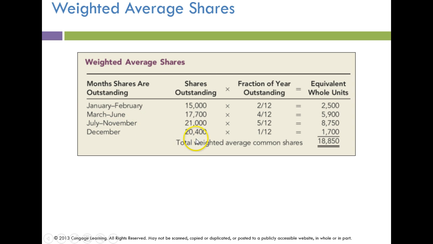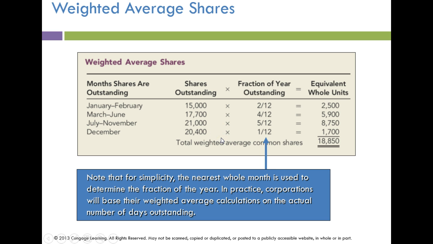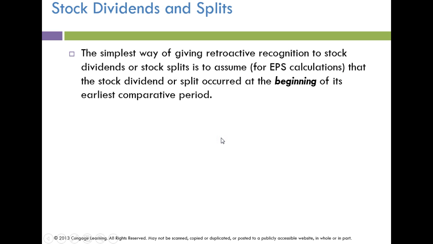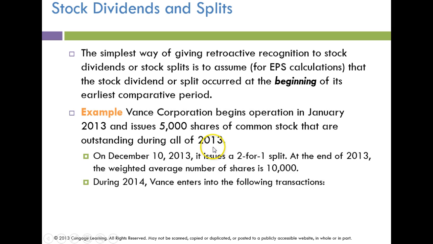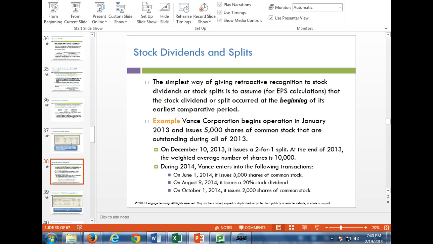And then in December, we subtracted some shares. So we kind of weigh them based on how many months we had at a certain level of shares. It's not hard to do. We'll go through a problem. So let's kind of stop. Because I don't know about you, but I'm kind of tired of listening to myself. So let's start with a problem.